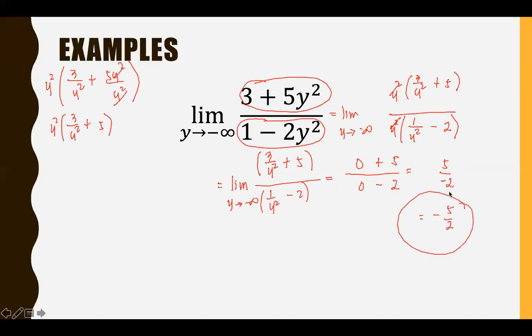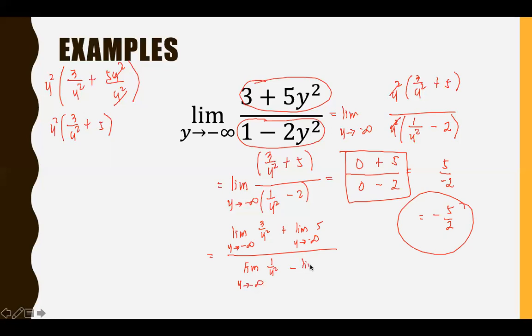All right. So, if you're not comfortable doing these things right away, you can also rewrite this. You can have the limit of 3 over y squared as y approaches negative infinity plus the limit of 5 as y approaches negative infinity, all over the limit of 1 over y squared as y approaches negative infinity minus the limit of 2 as y approaches negative infinity.